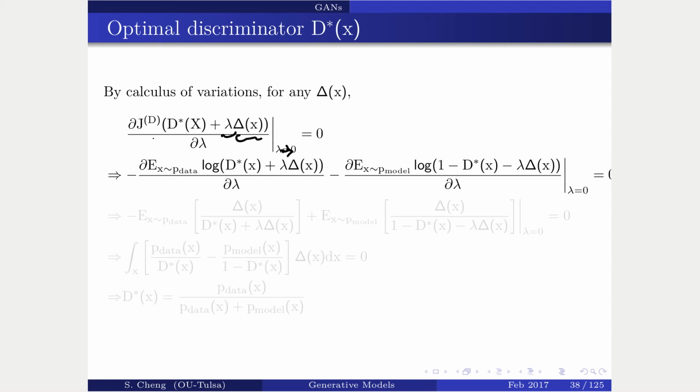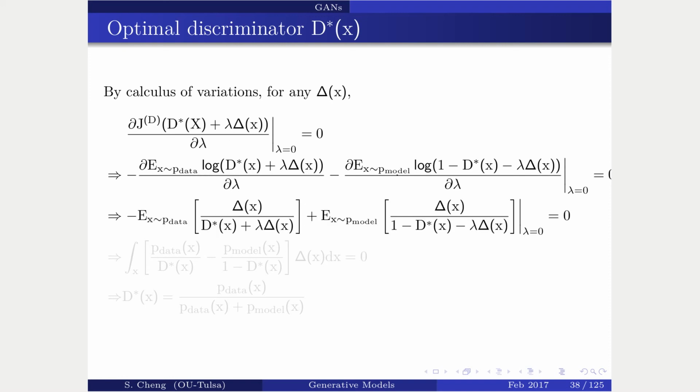So J_D again is equal to the expectation of log D and the expectation of log(1 minus D), where x is sampled from p data and sampled from p model here. Taking the derivative, I have 1 over this term, and taking the derivative of lambda delta x, I have delta x coming back.